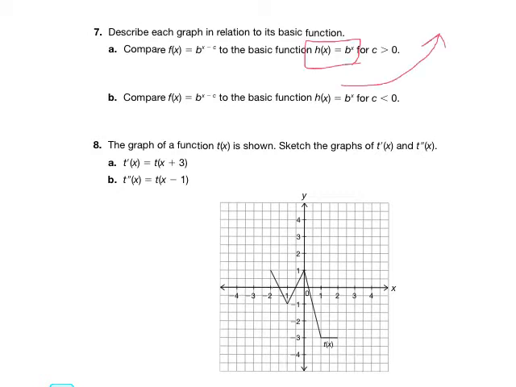It looks like it's exponential. And we're saying that c is a number bigger than 0, which means it's a positive number. So if we subtract a number from here, it's going to cause a horizontal shift, and it says minus 6, so that means it's going to be shifting this way by c amount.